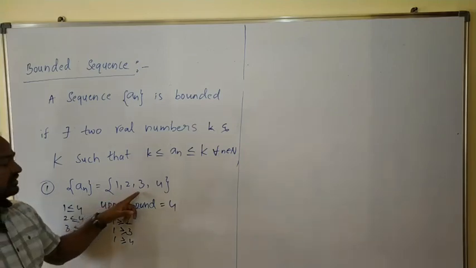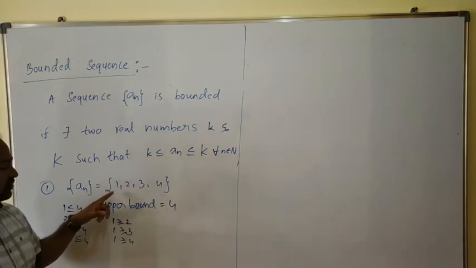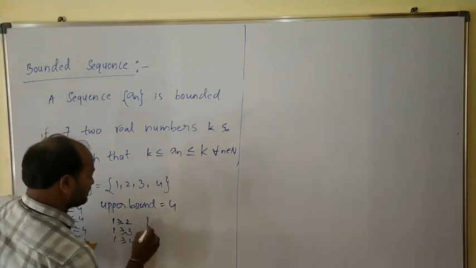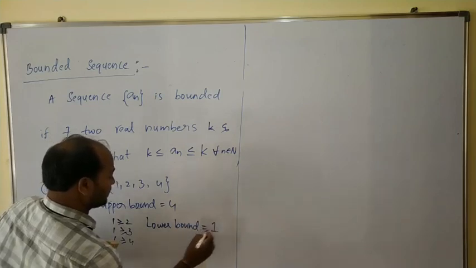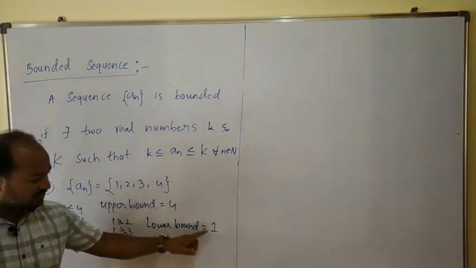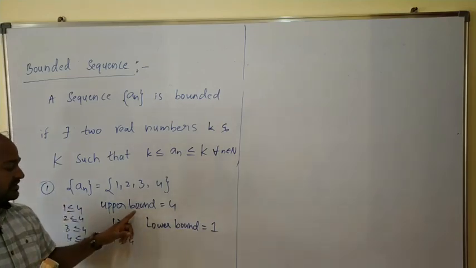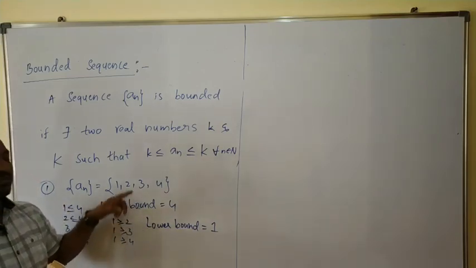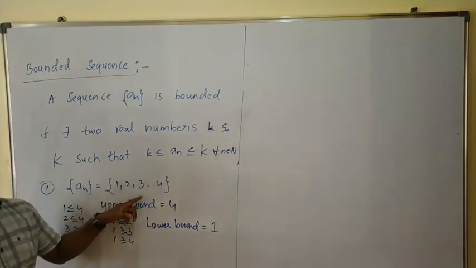That means all the terms in the sequence are greater than or equal to 1. So we can say that this sequence is a bounded below sequence, and the lower bound of this sequence will be 1, because every term in the sequence is greater than or equal to 1. Okay, so this type of sequence is called a bounded sequence. So finally we can say that this sequence is a bounded sequence.